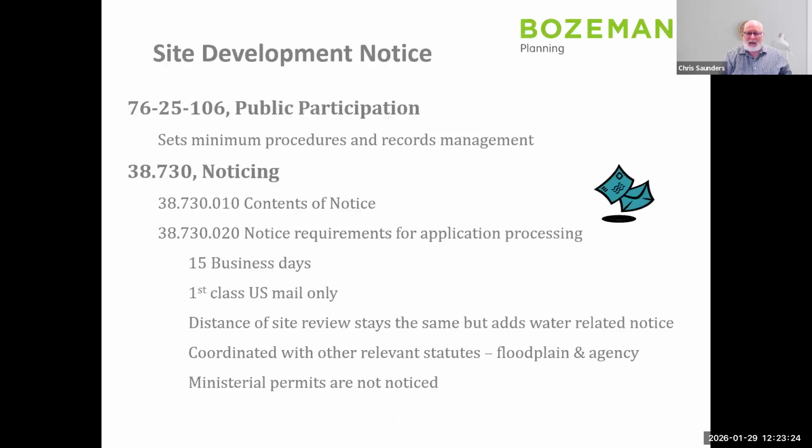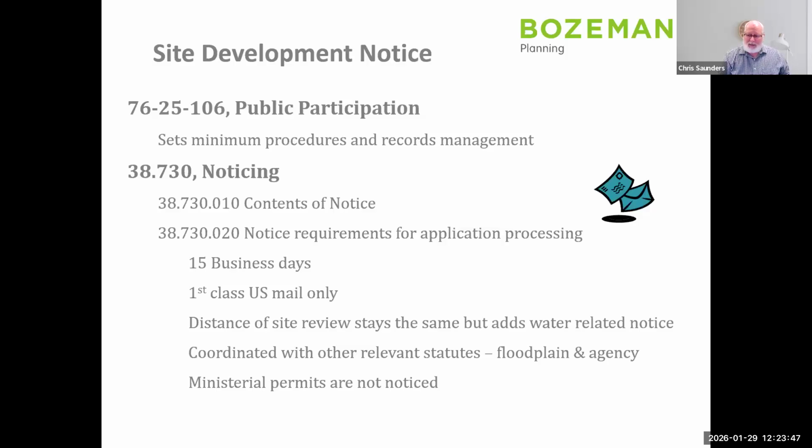So when we're doing any of these kinds of things that are these non-ministerial projects, there's going to be a public notice of some sort. There is language specifically from statute. There you can see the citation, section 106, that sets a certain amount of minimum procedures for public noticing.